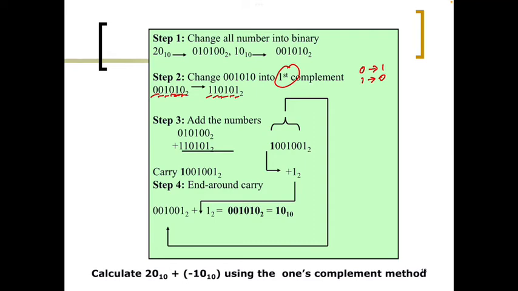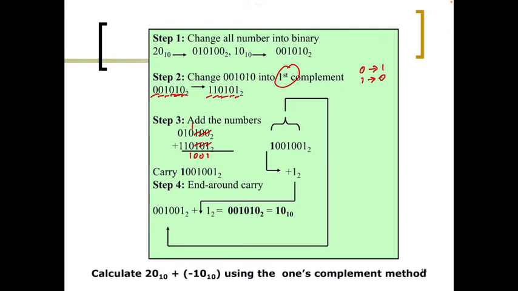After we get the one's complement, we do the addition calculation. So we have 0 and 1 becomes 1. 0 0 0, 1 1 becomes 0 and carry 1.